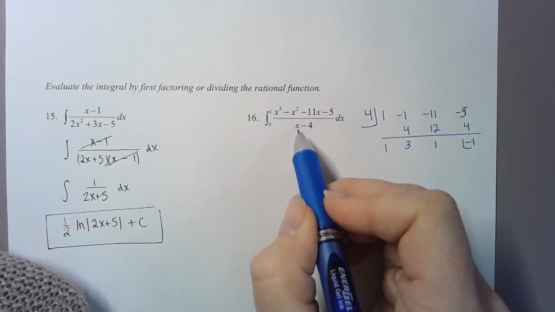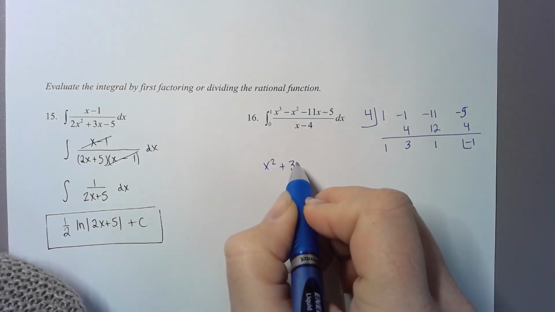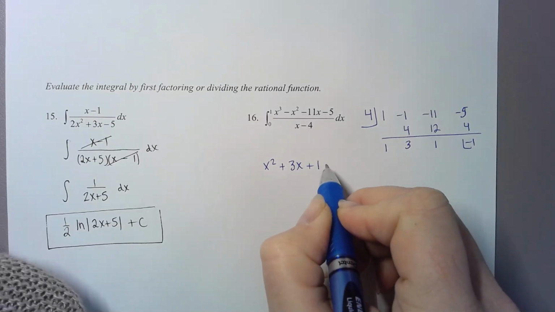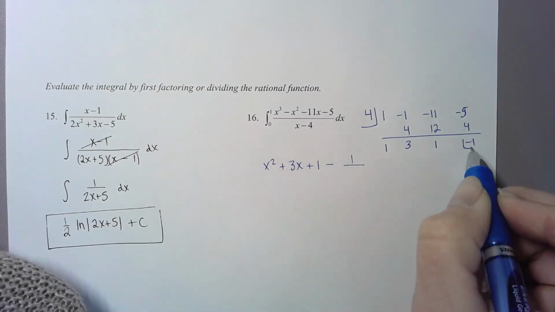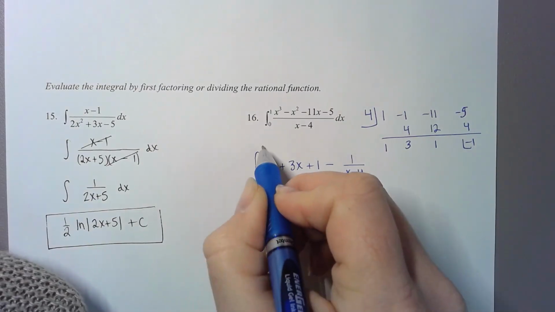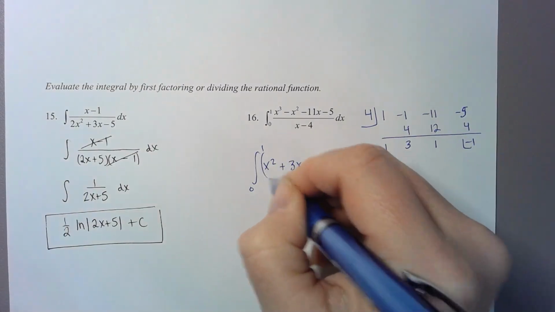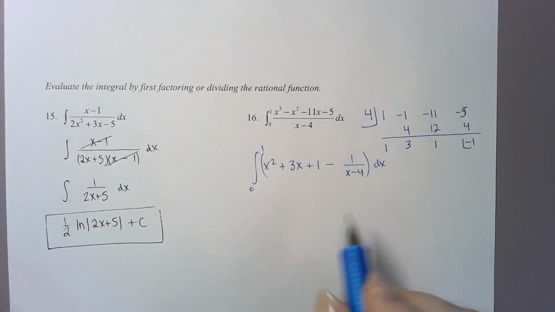X cubed divided by x will give me an x squared. So I have a 1x squared, a plus 3x, and a plus 1, and then minus a 1 over x minus 4. That is not the antiderivative. That's just us cleaning up the integral.